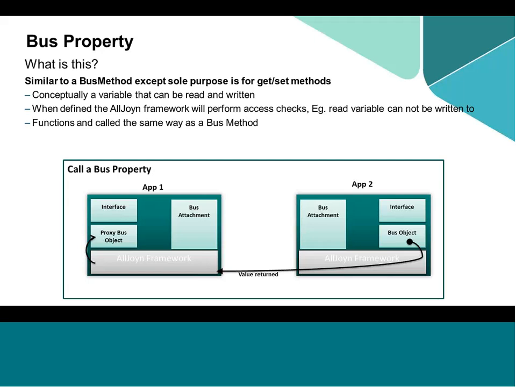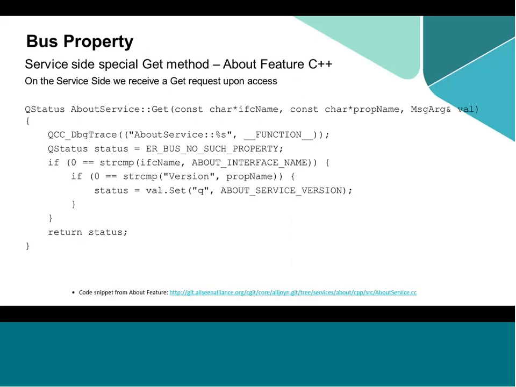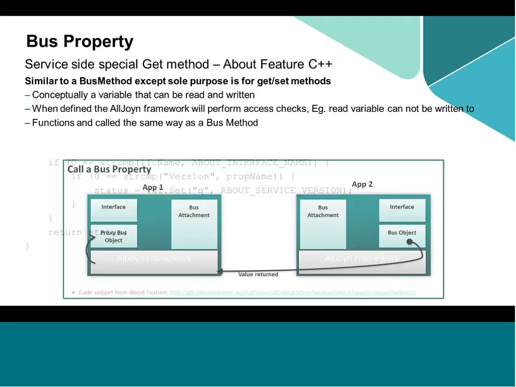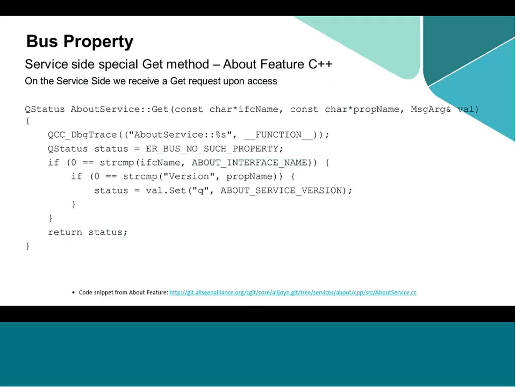So again, with AllJoyn, the whole principle is to find things around you that are interesting and interact with them. So looking at the way this works here with the properties, on the service side, what's built in as part of that bus object is a method you can overload that's just get, right?